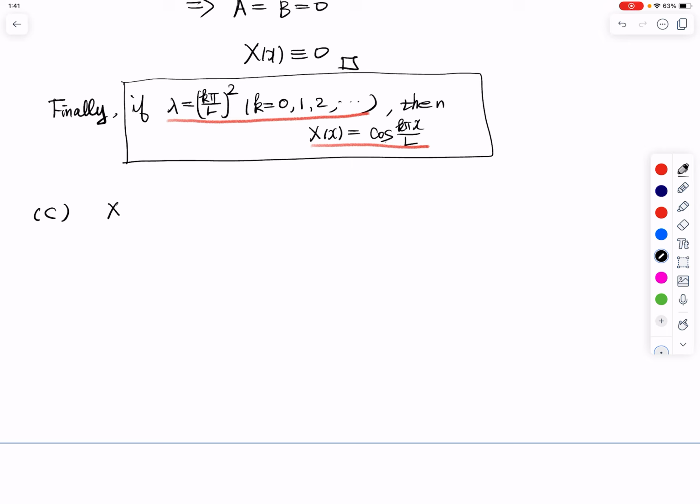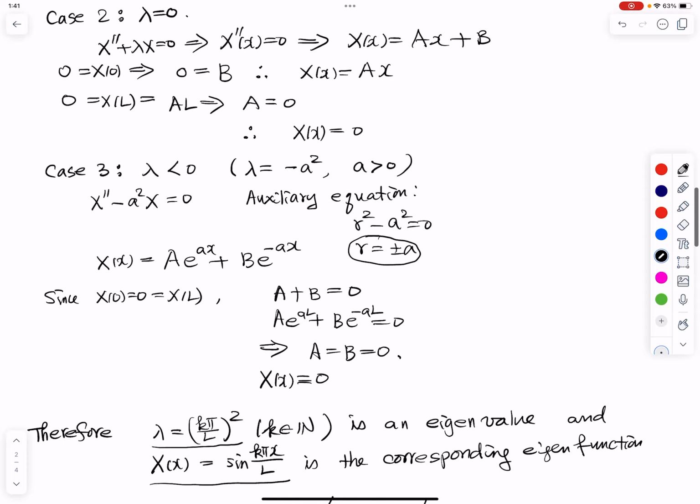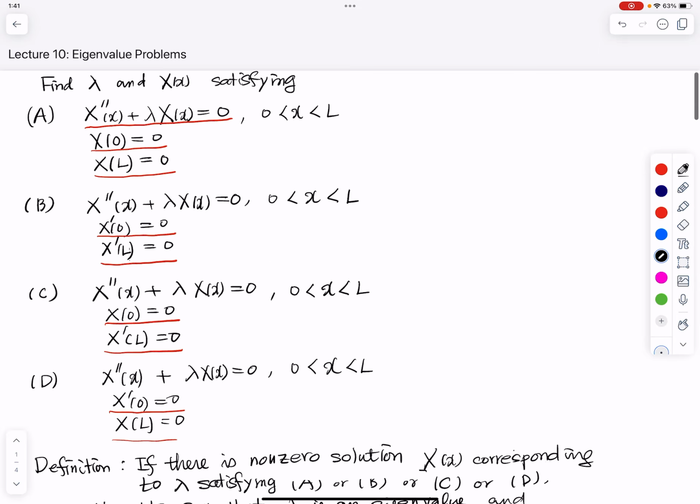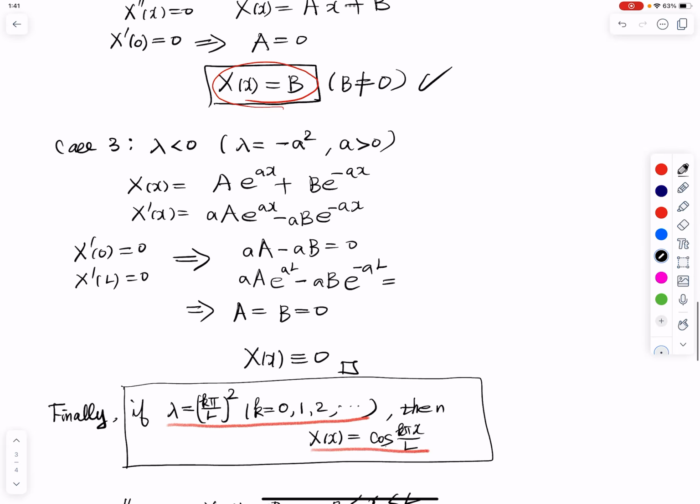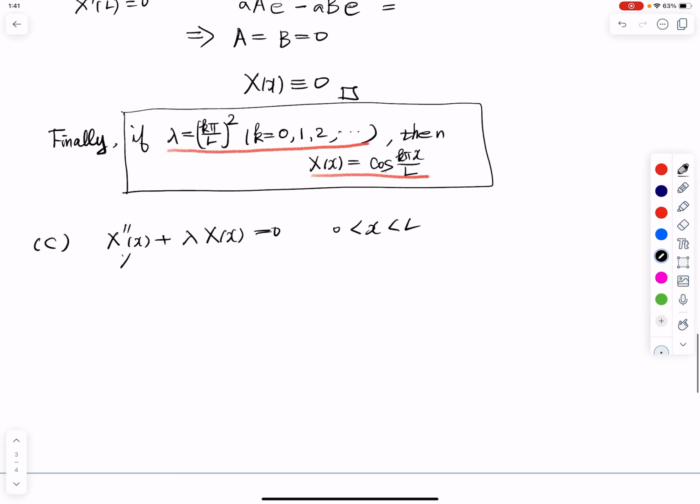So X double prime plus lambda X equals 0, for x from 0 to L, with X(0) equals 0 and X prime of L equals 0.